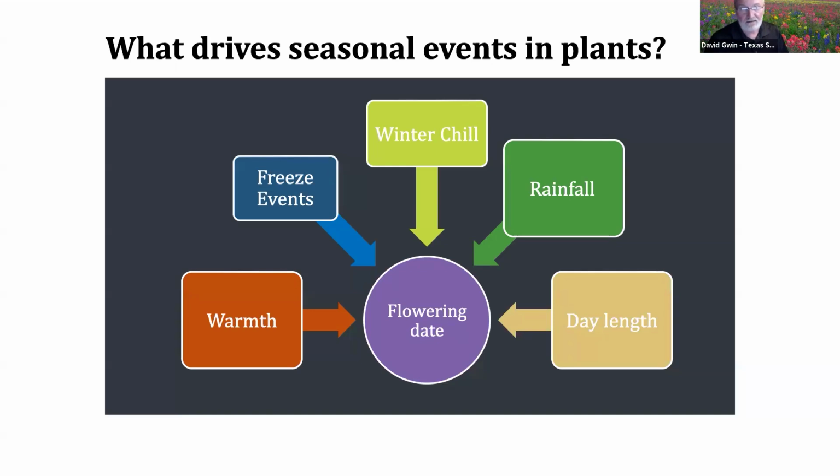The variables are many. The ones I would draw your attention to probably more often than not are warmth and day length, because those are the ones that seem to be really having an impact on native plants that we can already see happening.